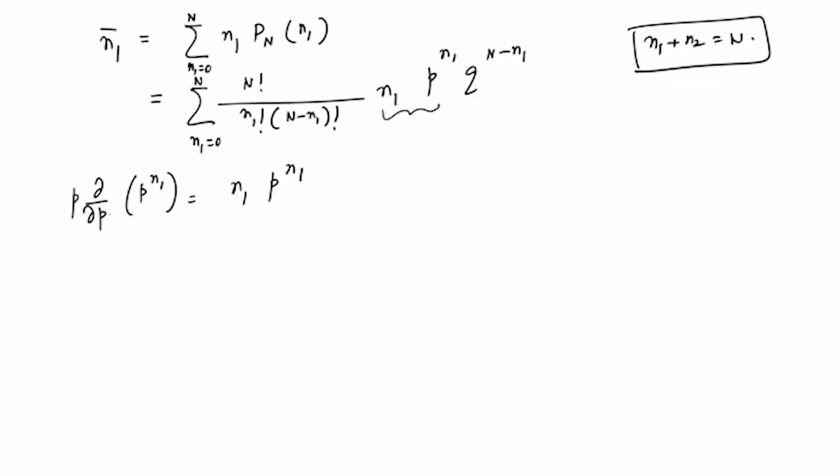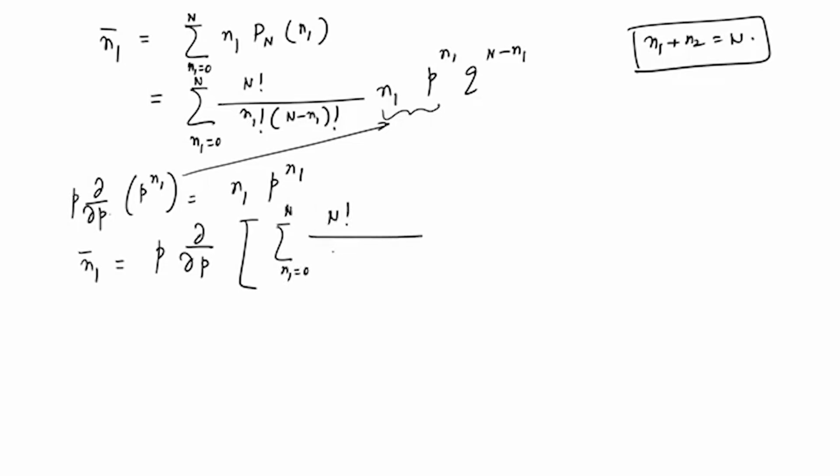So n 1 bar comes out as follows. We replace this thing here, and because nothing else depends on p, it is del del p of the sum over n 1 equal to 0 to capital N of N factorial divided by n 1 factorial times N minus n 1 factorial, times p to the power n 1 q to the power N minus n 1.